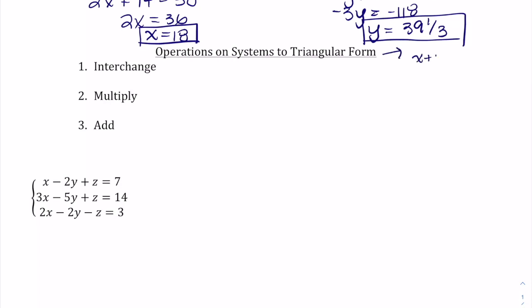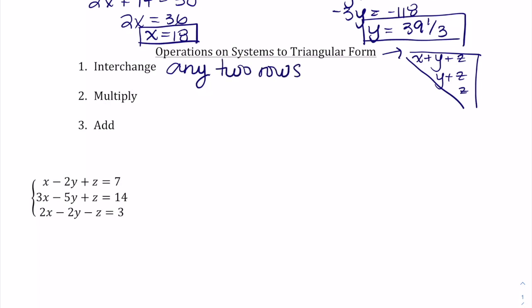So x plus y plus z is equal to something, y plus z in the second row, and then just a single variable z. As you can see, that's our nice kind of triangle. The steps that we are allowed to perform are, we can interchange any 2 rows. Let's say that you're working and you get an equation with just z up in the first row.